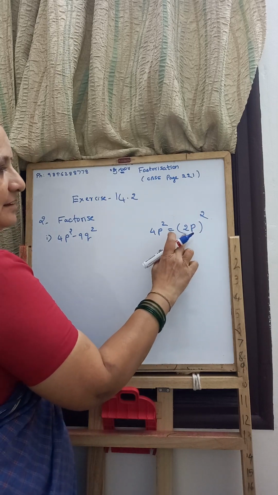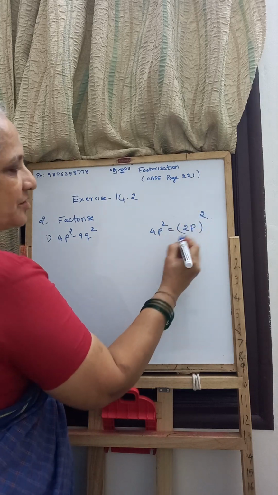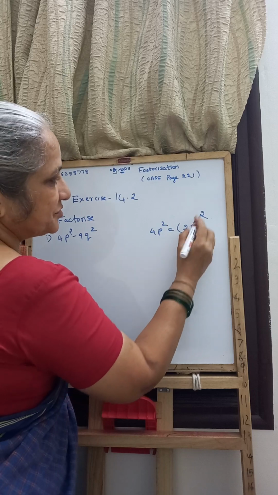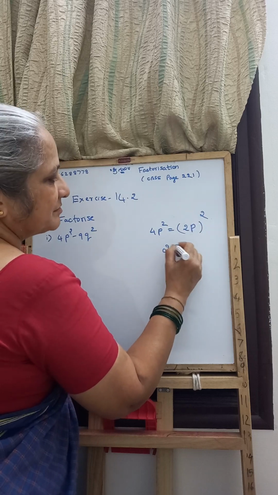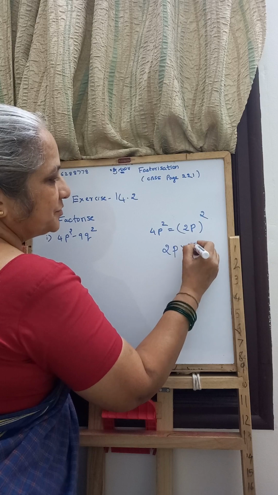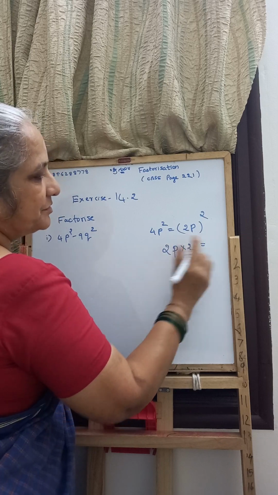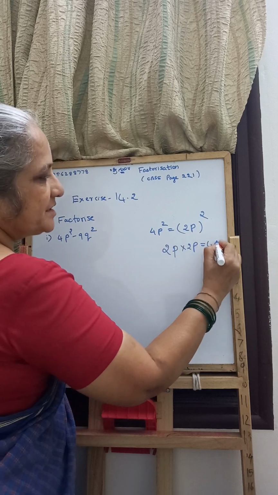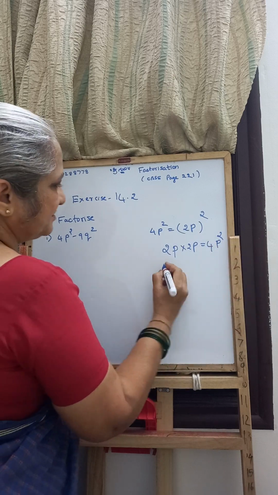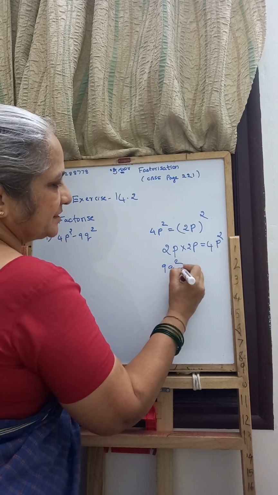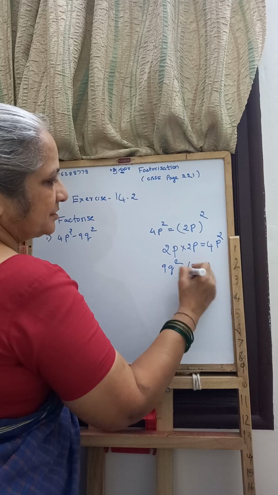We can write it as (2p) bracket square, because 2p, if you square it, you will get 2p into 2p is equal to 2 into 2 is 4, p into p is p square. And similarly, 9q square is (3q) bracket square.